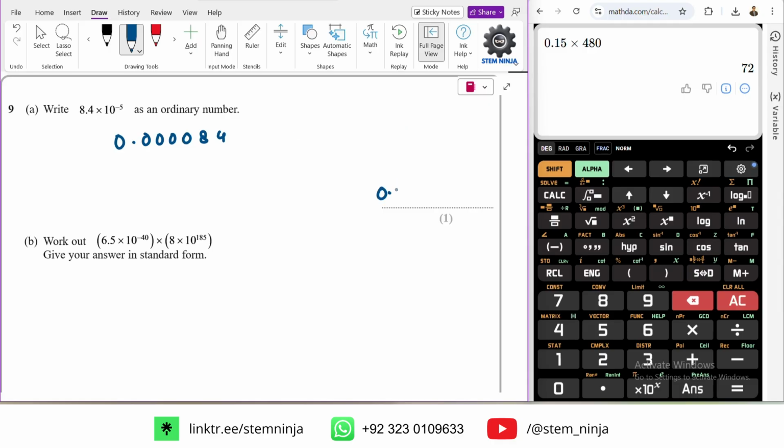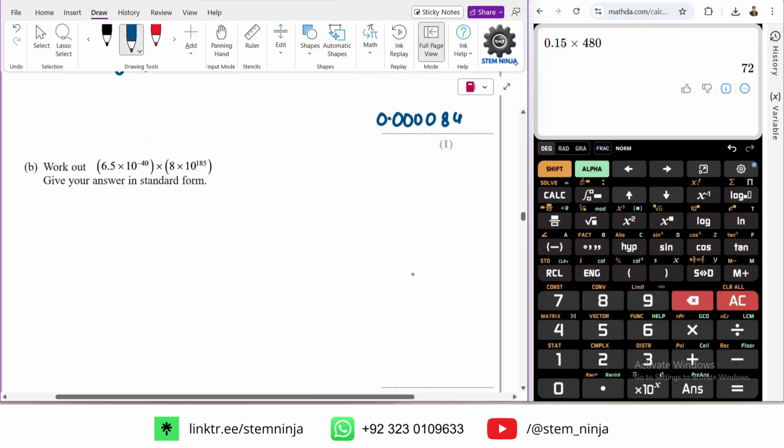Okay, so you have 0.000084. Okay, work out 6.5 times 10 raised to the power minus 40 times 8 times 10 raised to the power 185. So first off we can separate out the constants, and then we can deal with this one. So minus 40 plus 185, because since the bases are the same, we can just simply add the powers.